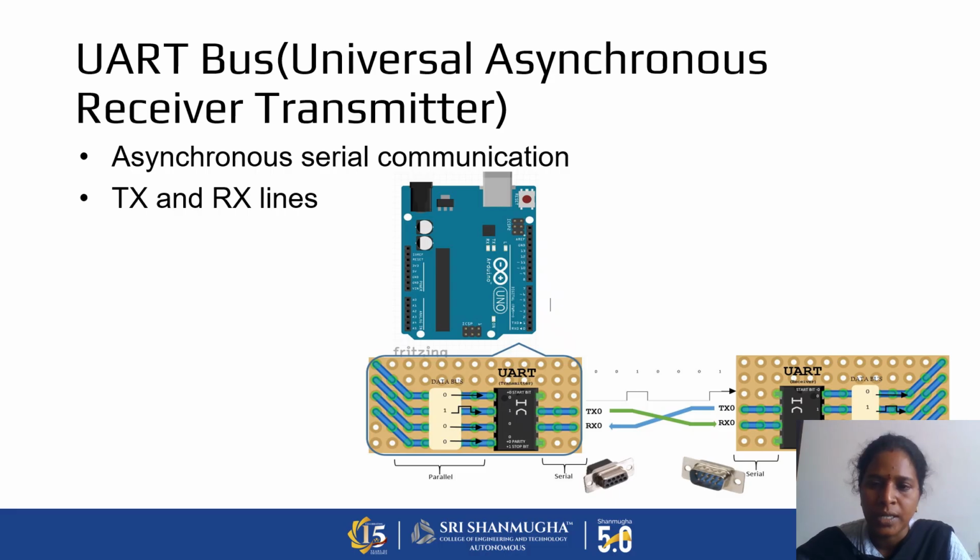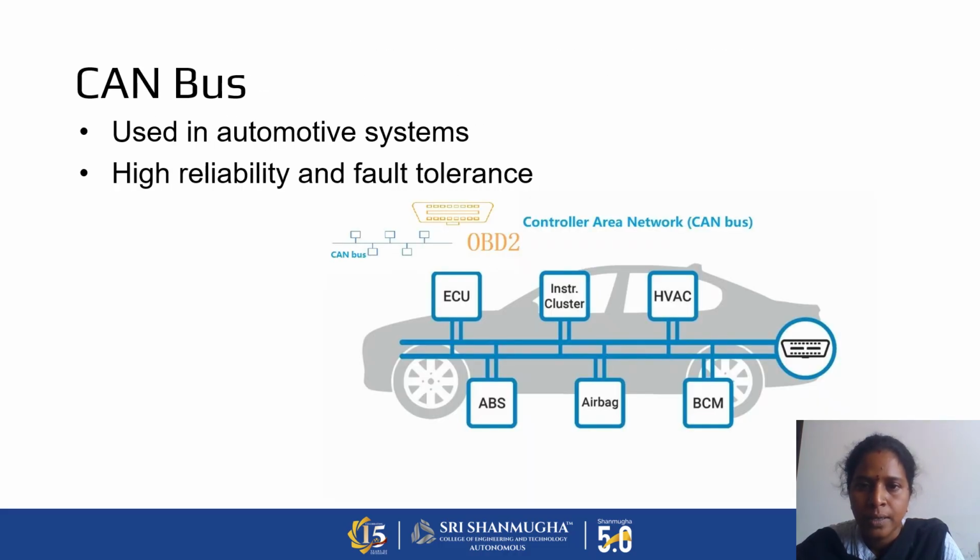Then the UART bus, that is, universal asynchronous receiver transmitter, which is asynchronous serial communication with transmission and receiving lines. Here I have shown some images to clearly understand the concept of UART bus transmission. And the CAN bus, known as the controller area network, is mostly used in automotive systems for high reliability and fault tolerance.